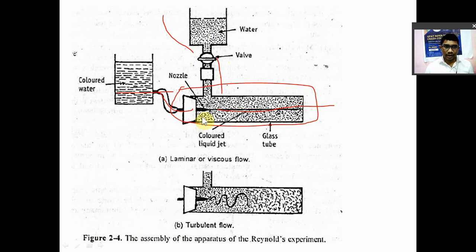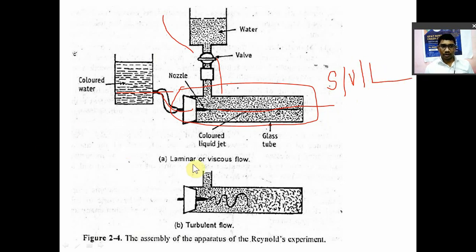At that flow there is no eddy diffusion, and the colored solution appears as a colored jet or thread. This type of flow is known as streamline flow, also known as viscous flow or laminar flow.